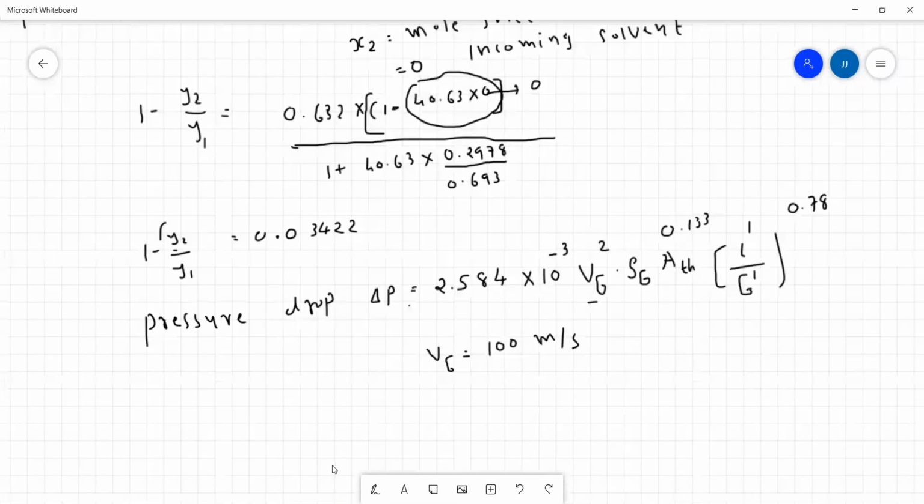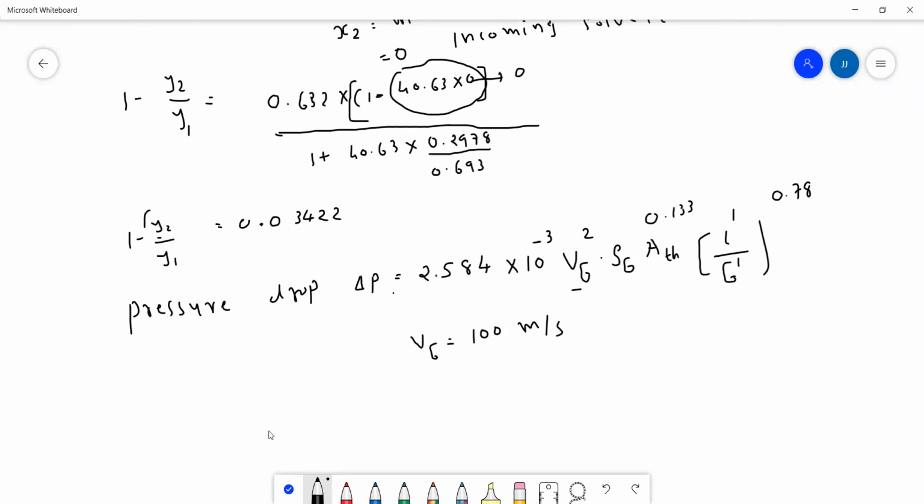Rho g is the density of gas, which is not given, but we can calculate it from the equation rho g equal to PM divided by RT, which is equal to pressure 1 atmosphere multiplied by M, the molar mass of gas.